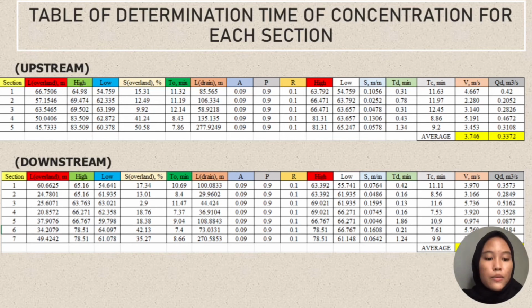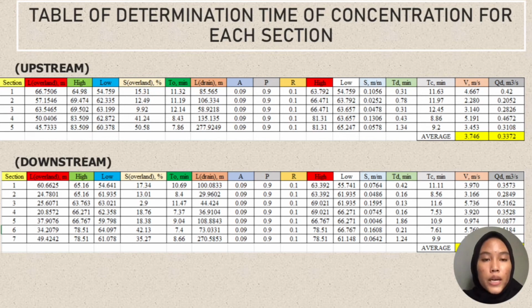And the next step is to calculate the travel time in the channel of the drain, TD. It can be calculated using a formula: Manning roughness times the length of the drain, and all of them divided by 60 times the hydraulic radius to the power of 2/3, and the friction slope to the power of 1/2.